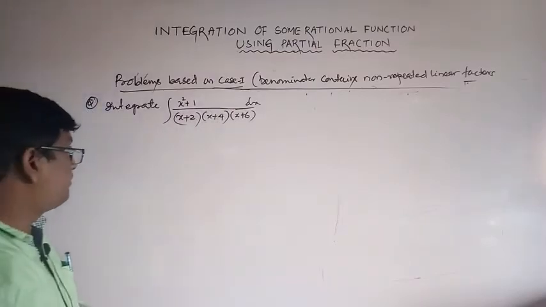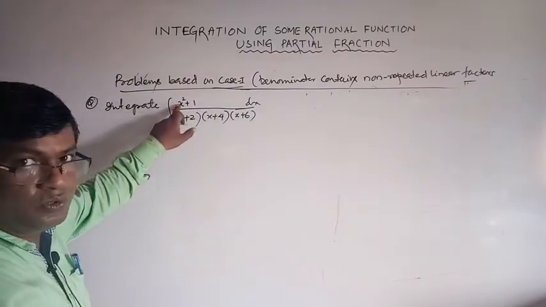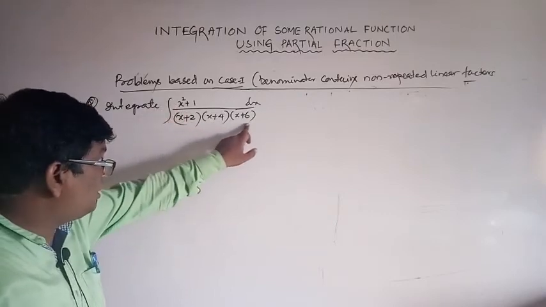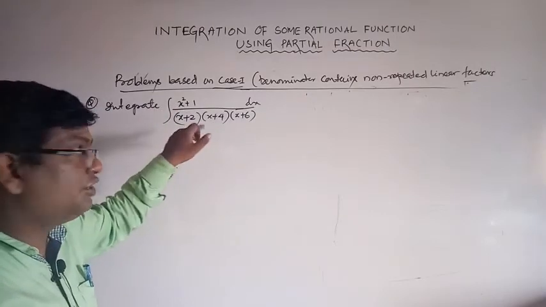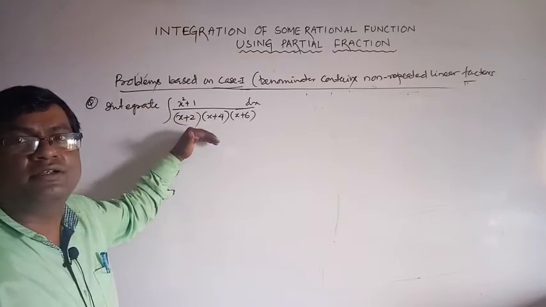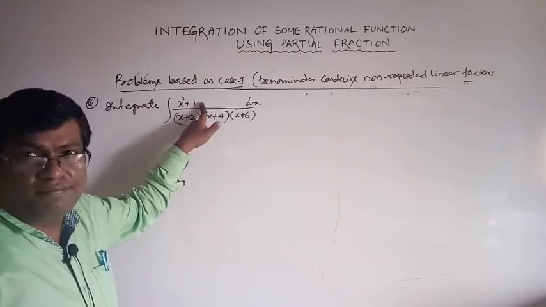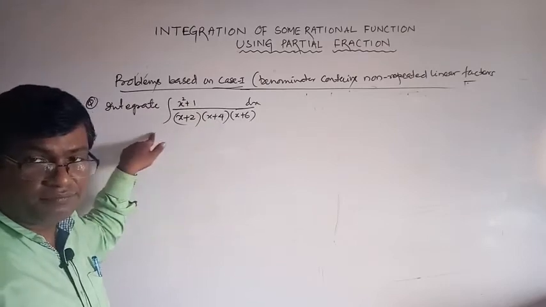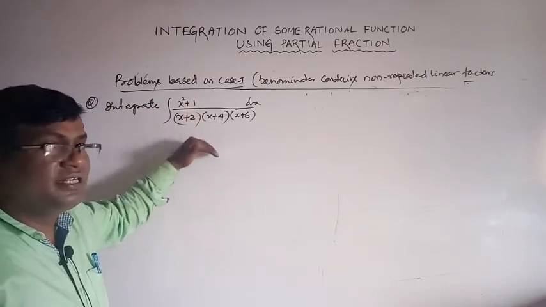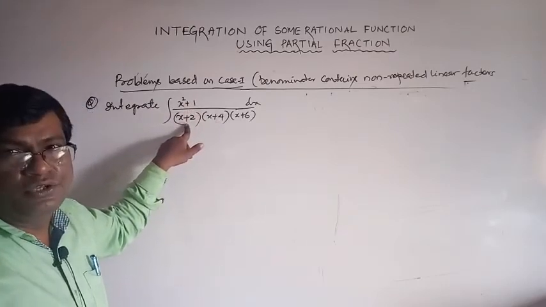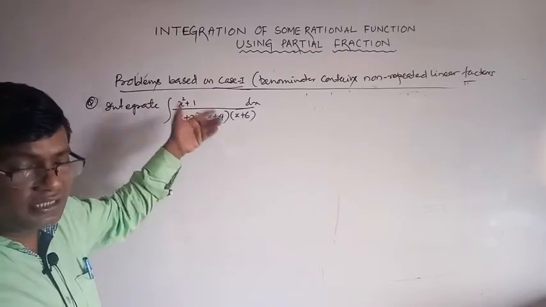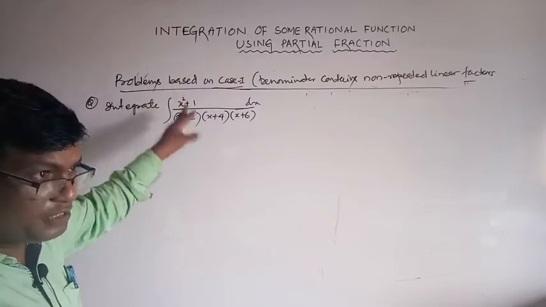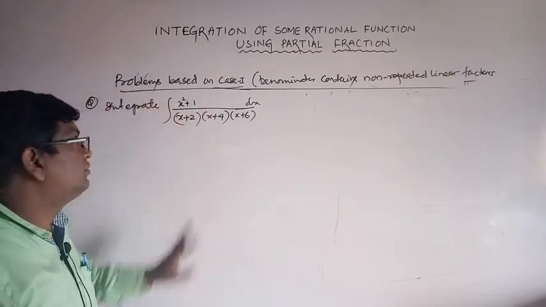Here the degree of the numerator is 2. If we multiply the terms of the denominator, its degree will be 3. So the degree of the numerator is less than the degree of the denominator, so it is a proper fraction.